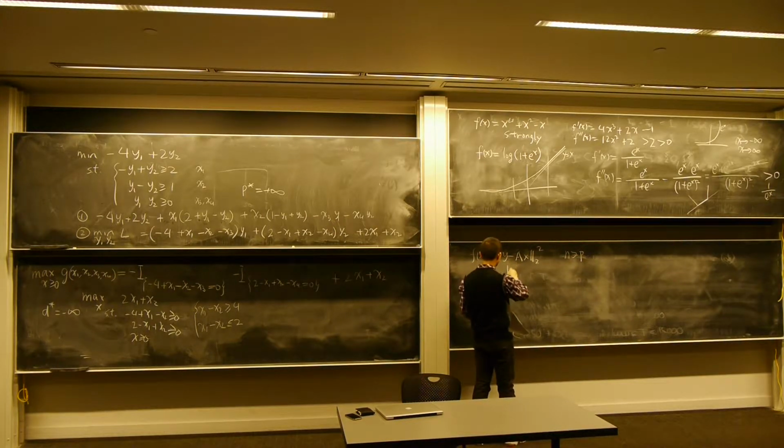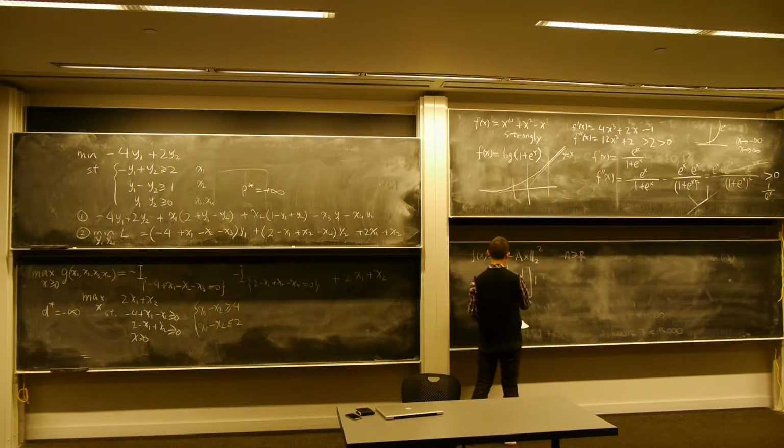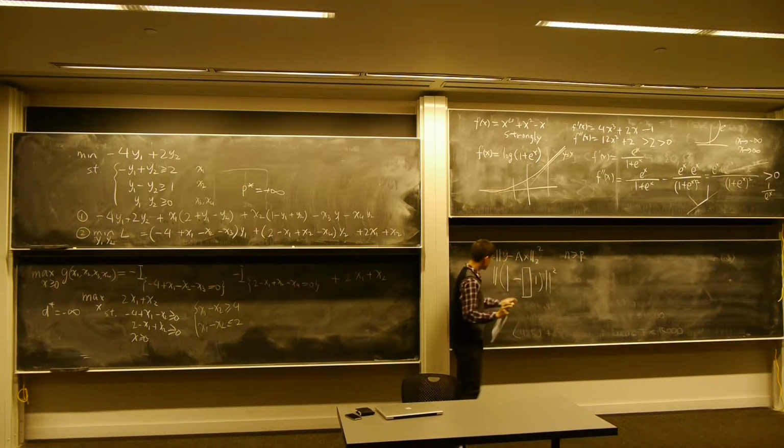So y is like a very tall vector. A is n by p, which looks like this, and x is a shorter vector. This is how these vectors and matrices look.